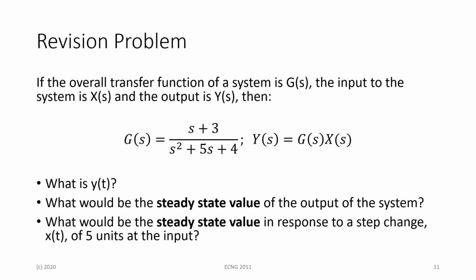Okay. So this basically is the end of the initial and final value theorem. Are there any further questions regarding the material of this lecture?